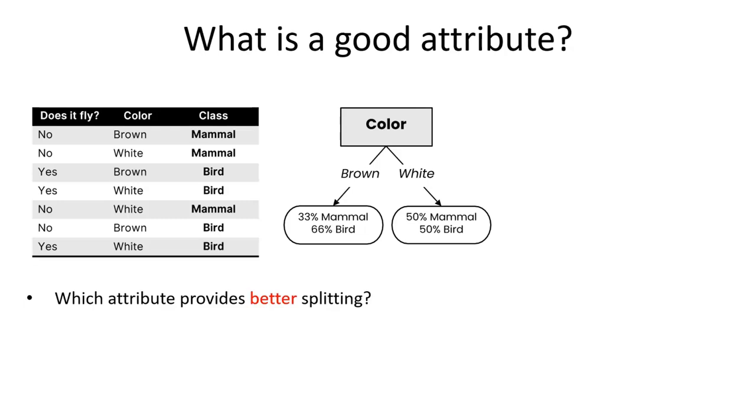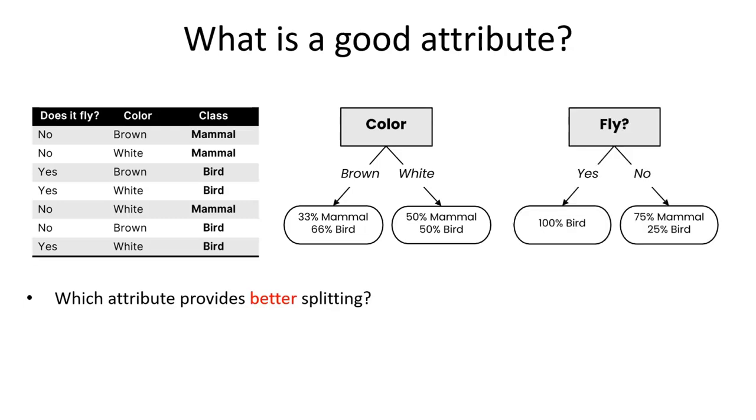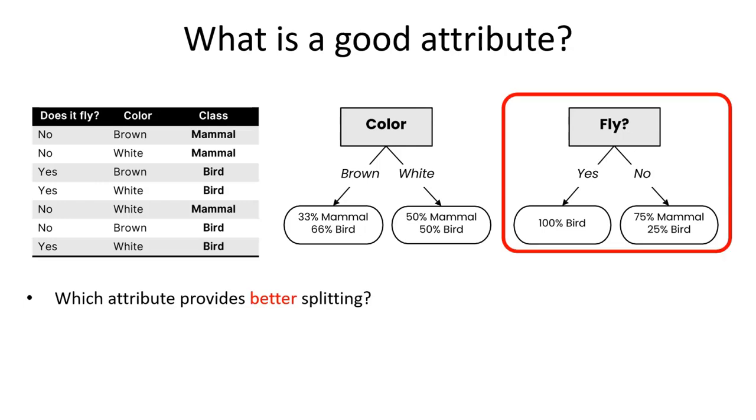For fly, yes is 100% bird, and no is 75% mammal and 25% bird, because some birds cannot fly.